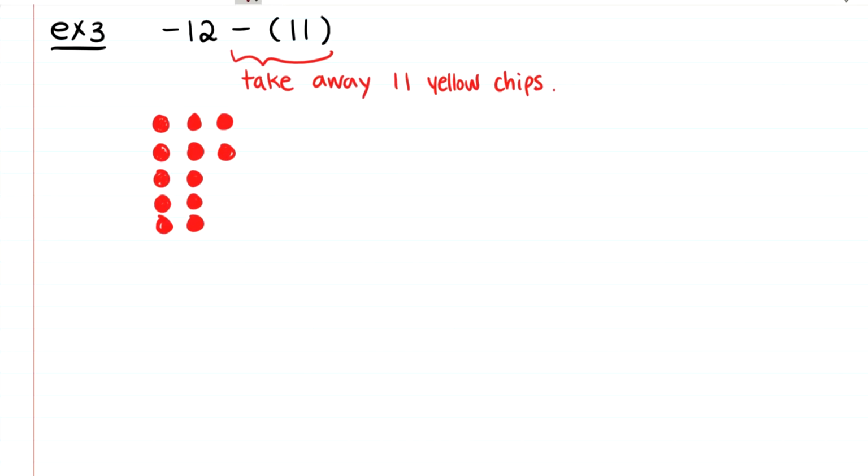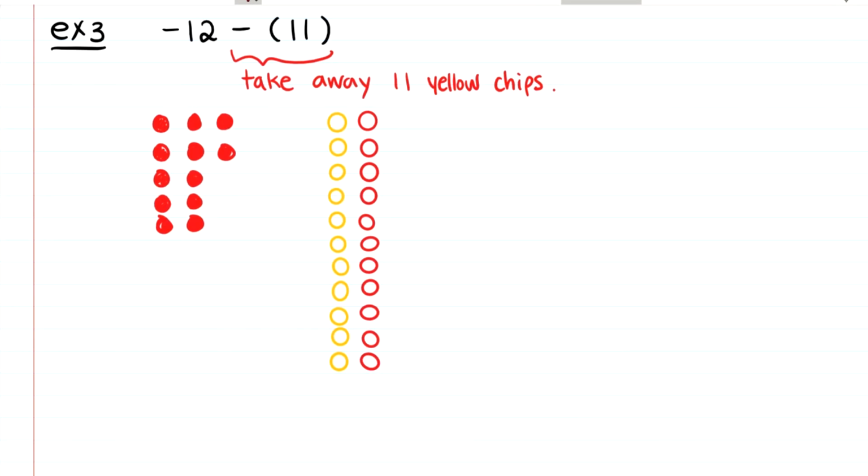Like I said, we're going to take away 11 yellow ones. But there are no yellow chips to be taken away, so we're going to add 11 zero pairs. So these are 11 zero pairs.